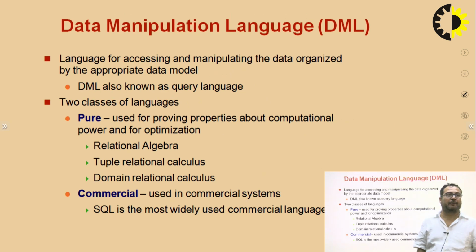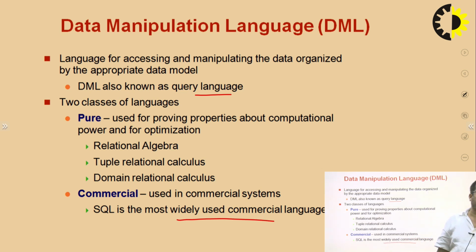The data manipulation language is also a query language. SQL is widely used commercially, where you project something, some part, or some condition which the relation must satisfy. So this comes under DML.